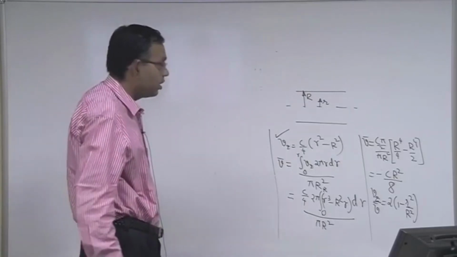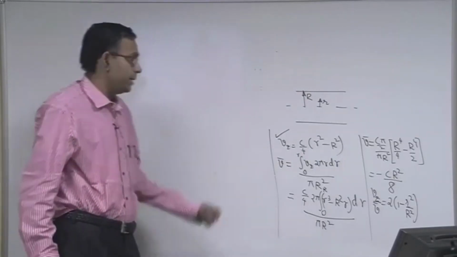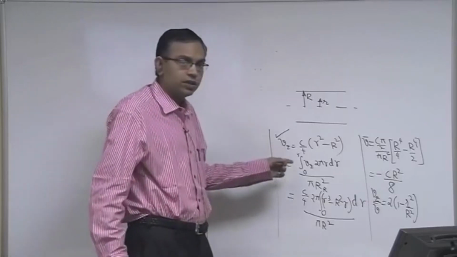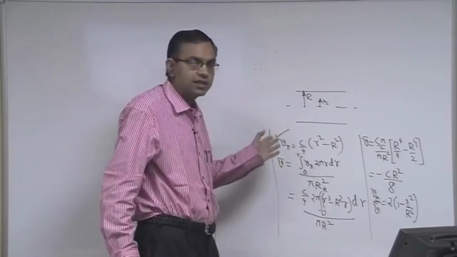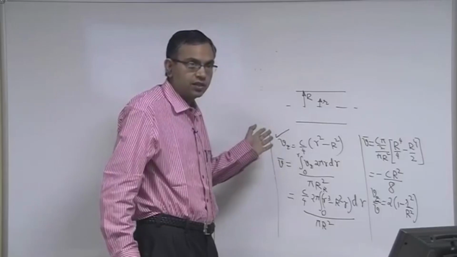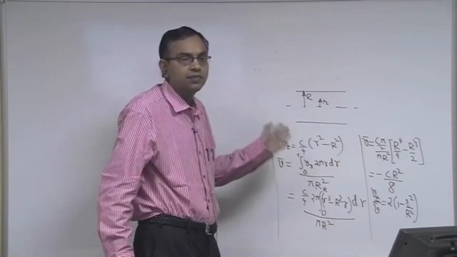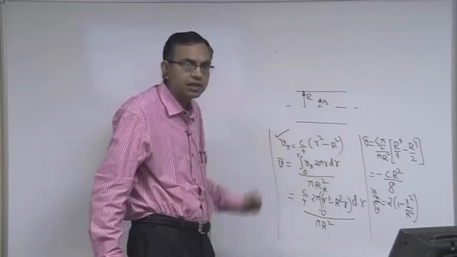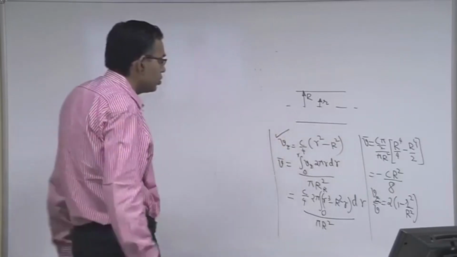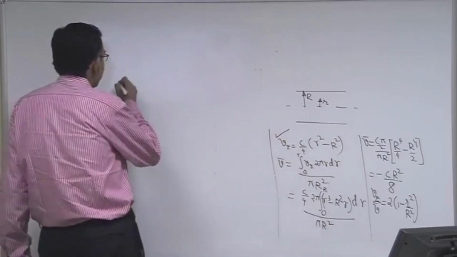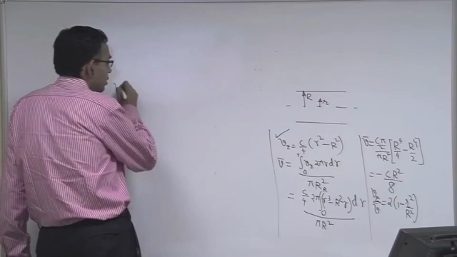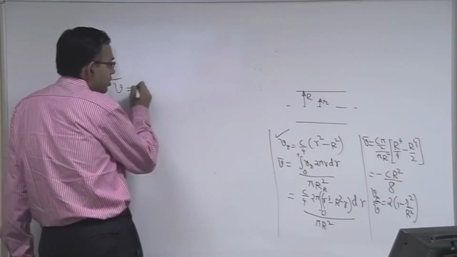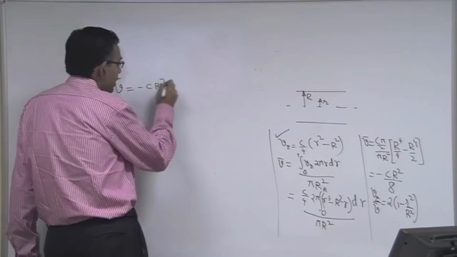Next, what we will do, we will find out either the dimensionless wall shear stress or the dimensionless pressure drop. Let us find out the dimensionless pressure drop. So, you can write V average is equal to minus CR²/8.